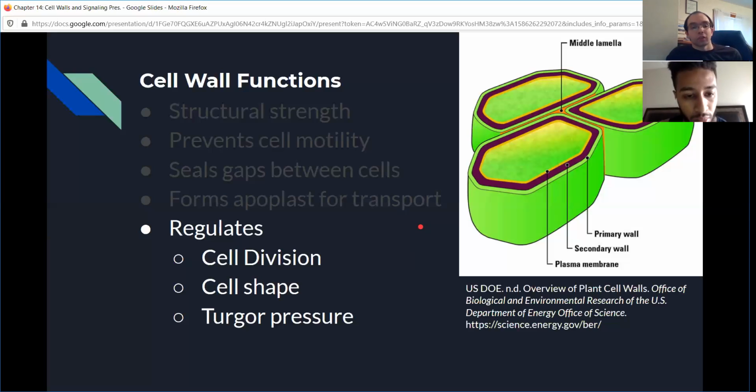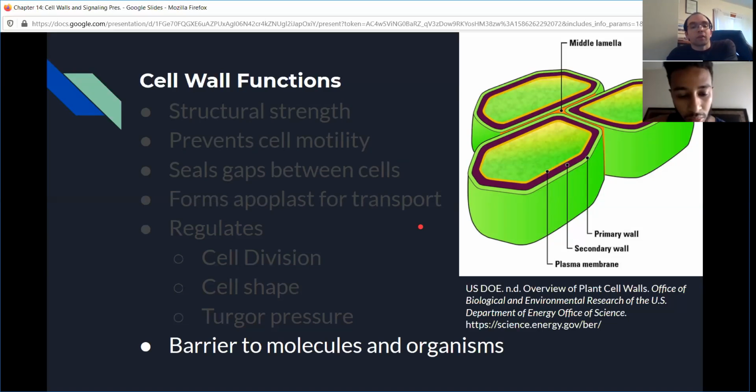There's also regulation of cell shape, because whatever the shape of the cell wall is, the cell inside the plasma membrane will conform to that shape. And there's regulation of turgor pressure too, because as water is taken into the cell, or there's an influx, the cell wall is also pushing back against the plasma membrane, which helps the cell keep its shape.